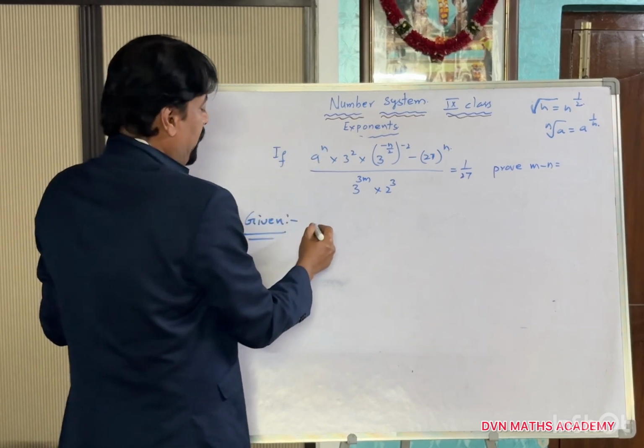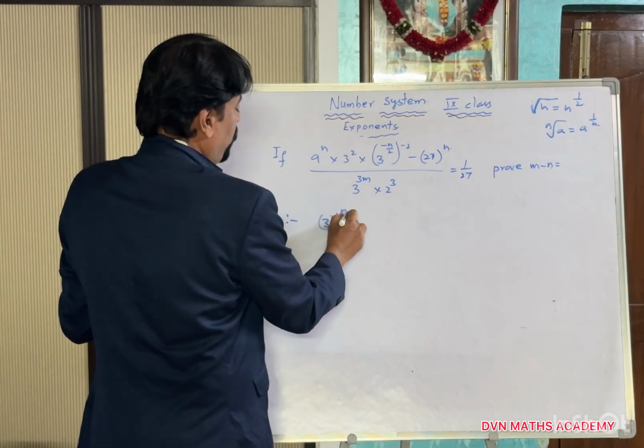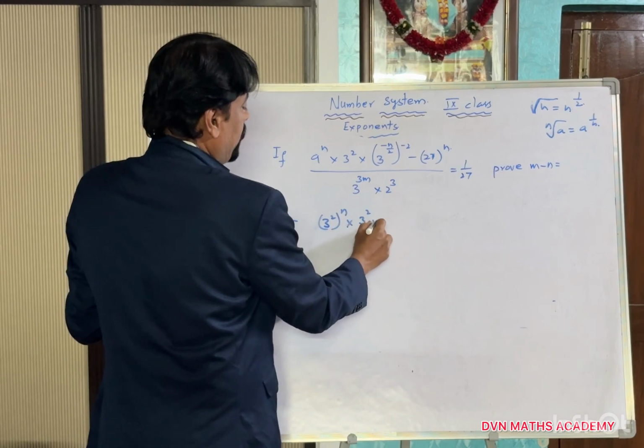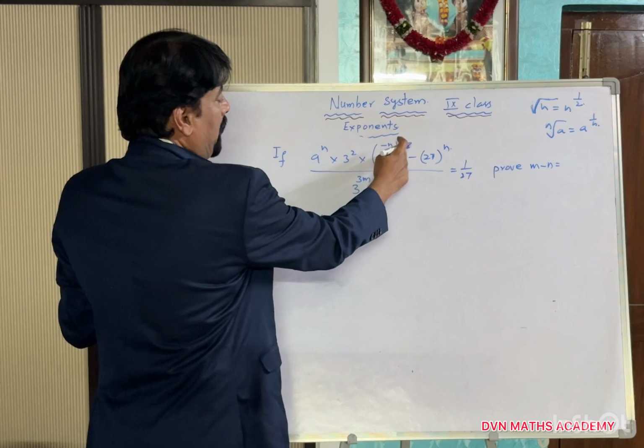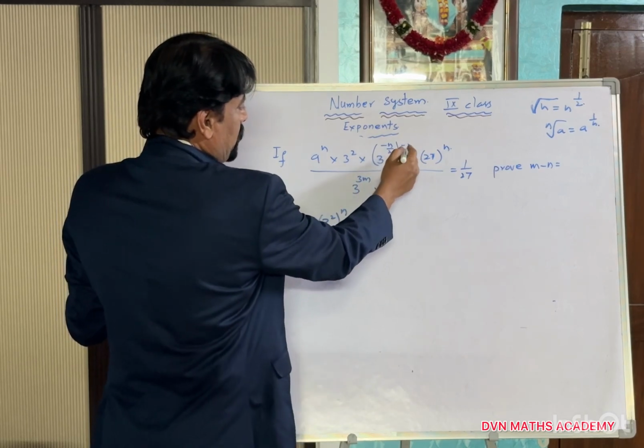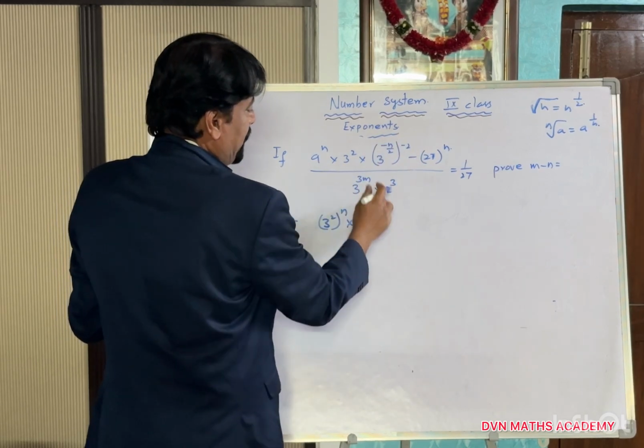This 9 to the power of n, I can write as 3 square whole to the power of n, into 3 square into 3 to the power of minus n by 2 whole to the power of minus 2. You need to multiply these two. If you multiply these two, minus, minus becomes plus.